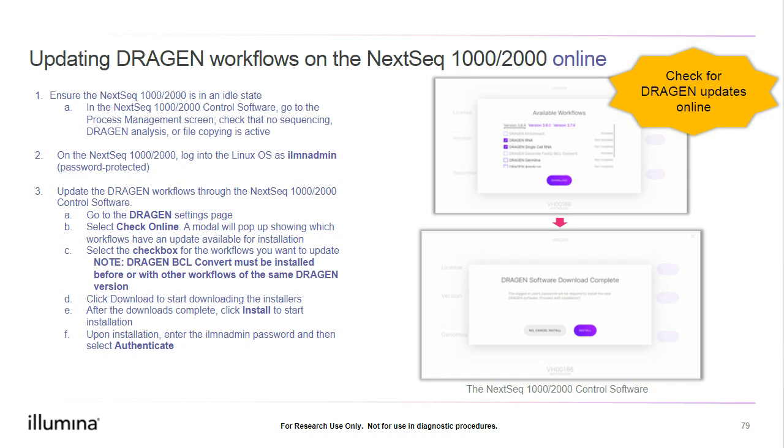Please note that the DRAGEN BCL Convert must be installed before or with other workflows of the same DRAGEN version. Then you'll click download to start downloading the installers, and after the download is complete, you will click install to start the installation. Before it starts, you'll enter the Illumina admin password and then select authenticate.